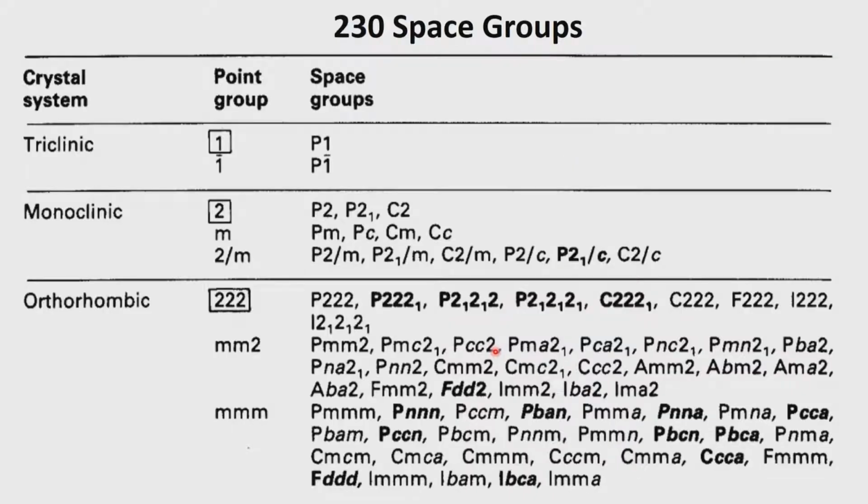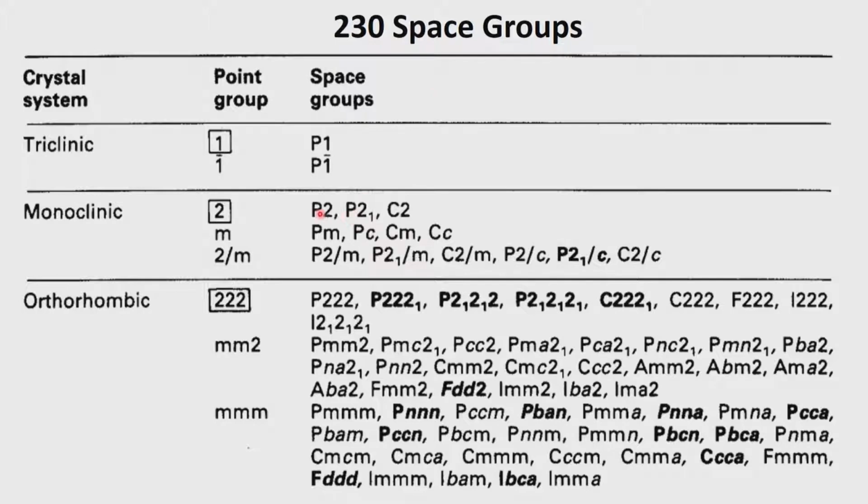So, now we can list out the 230 space groups straight away. Instead of going into the individual details, we have in fact examined the triclinic system thoroughly. It can go into 1 and 1 bar, the point group symmetries, and the space groups are P1 and P1 bar. In fact, we have systematically analyzed also the monoclinic system, where the point group symmetries are 2, m and 2/m. So, using the monoclinic point group symmetry, we can construct the possible space groups.